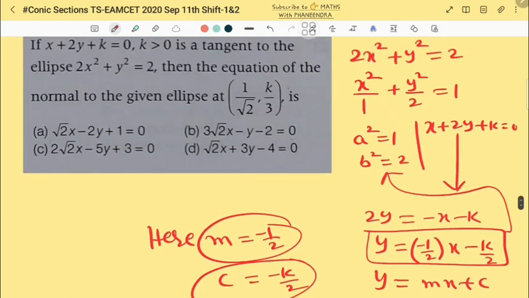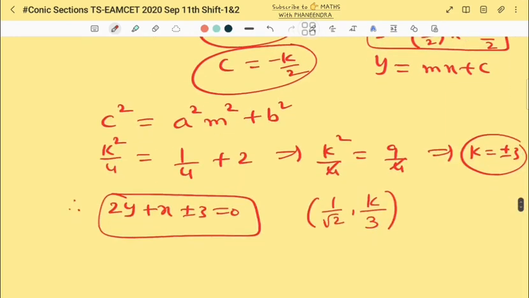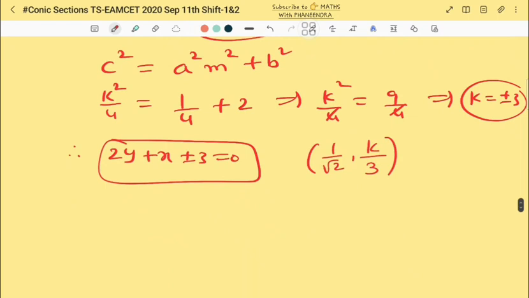At this point they are asking to find the normal equation. So normal equation means, if you want a regular formula, you can apply a square x by x1 minus b square y by y1 equal to a square minus b square.